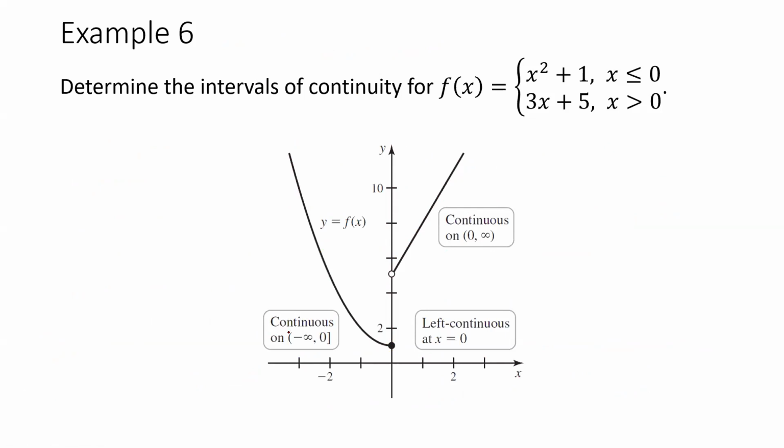Actually, notice here that they're looking at the two pieces as separate functions. For instance, the left piece is continuous on the interval from negative infinity to 0, including 0, because it's continuous from the left there. But here it's continuous on the open interval from 0 to infinity.